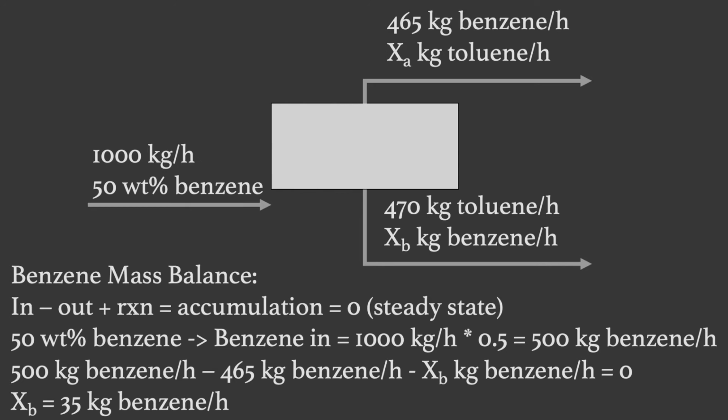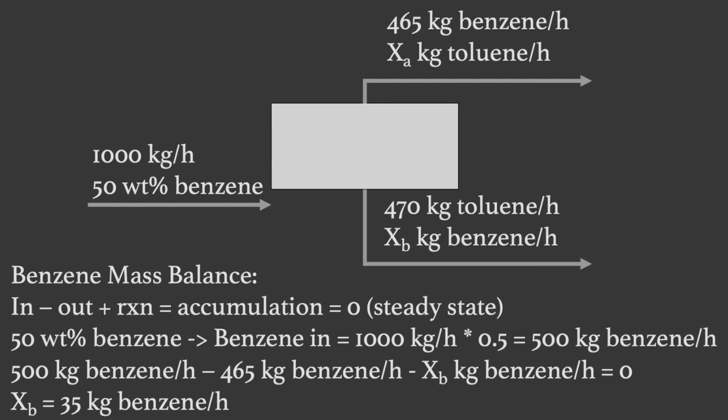That's going to give us 500 kilograms of benzene per hour flowing into this distillation column. Very fun and exciting. So using our 500 kilograms of benzene per hour, we're going to put that into our equation as our in.